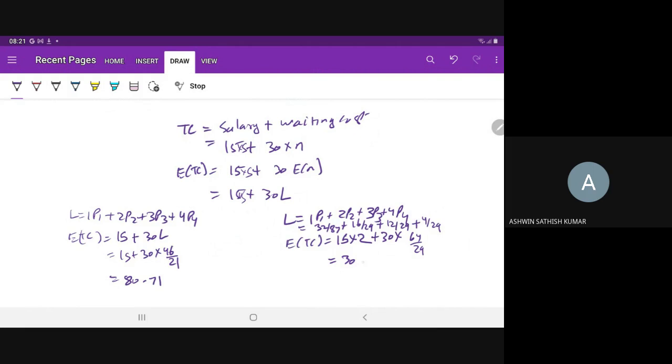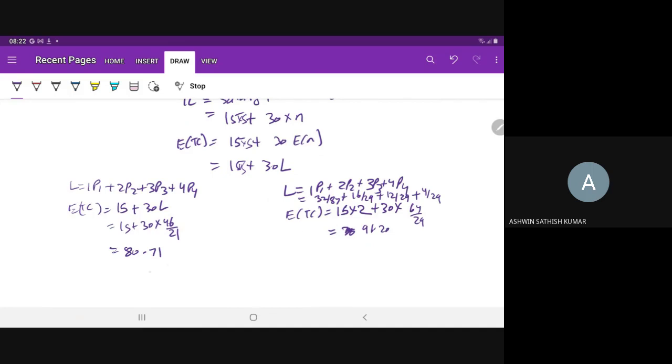Please give me this answer. Now you can give it in decimal. Please use the calculator. Give me the value. It's 96.20.